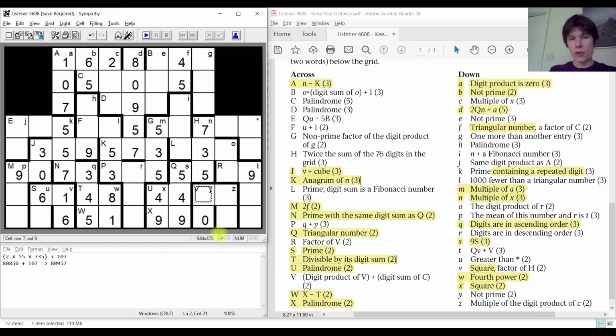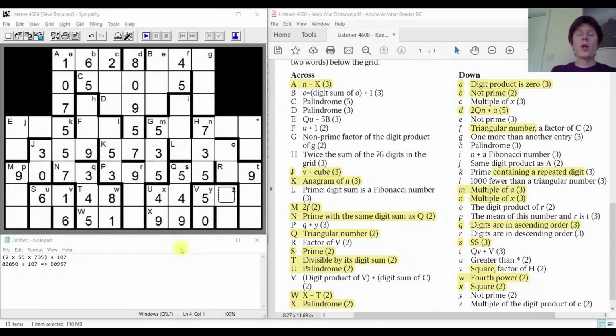So y down must be 50, and that means that big P must be 345 plus 50, 395. So we know that big V across is either 57 if R is 19, or 58 if big R is 29. So this cell here is either a 7 or an 8, and we'll just hold that thought for a moment.